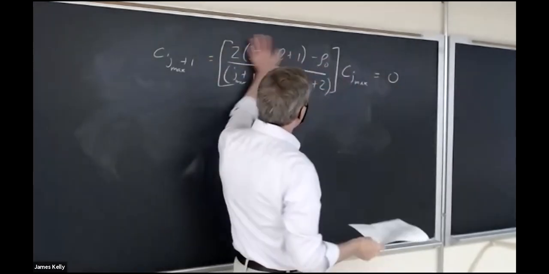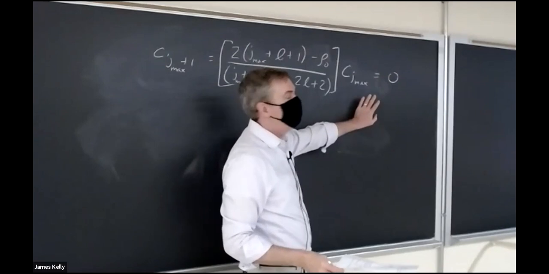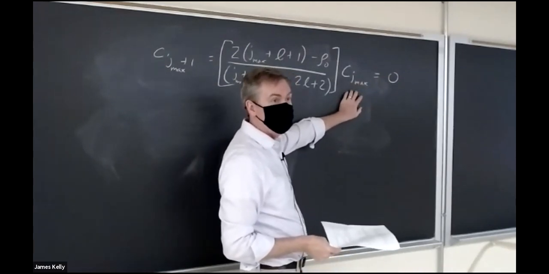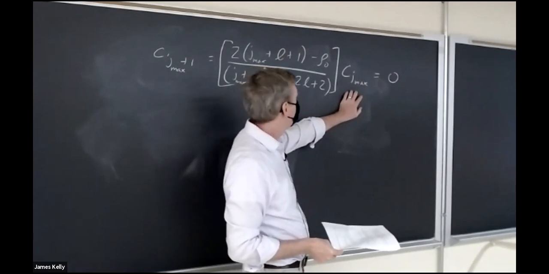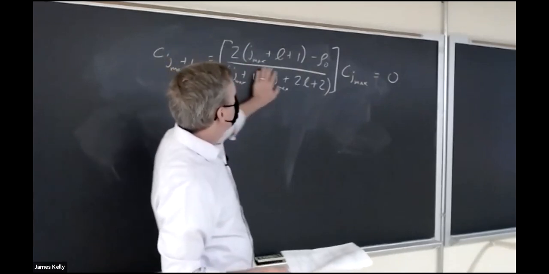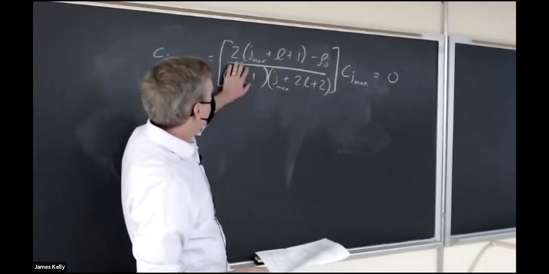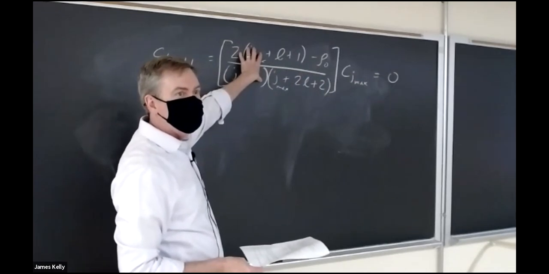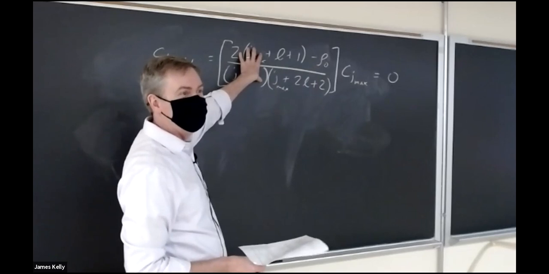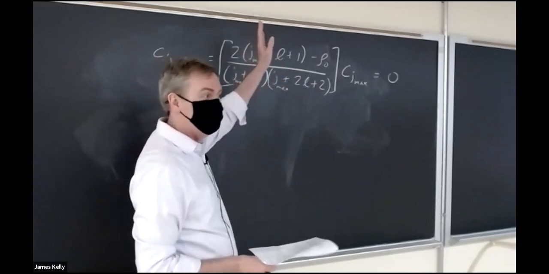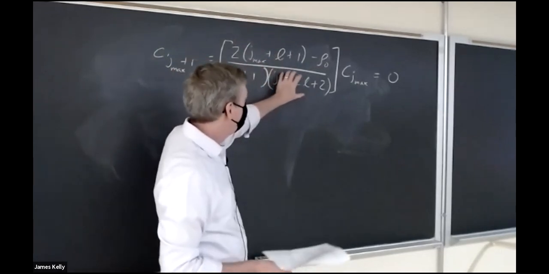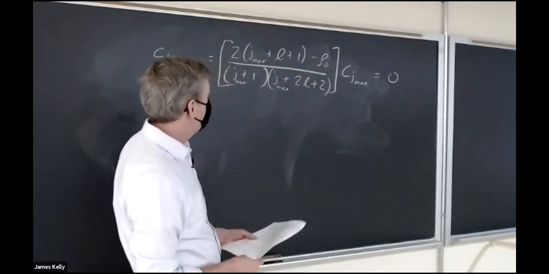Now, I've got a product of a bunch of stuff equaling 0. This one's not 0 by definition. We're saying this is the last non-zero one, right? This is not 0. What about the denominator? Can the denominator ever make a ratio equal 0? No, there's nothing you can divide by to make the numerator equal 0. Divide by 0, you're making it go off to infinity, right? And whatever number you divide by, 0 or not, it's not going to make the ratio itself go to 0.